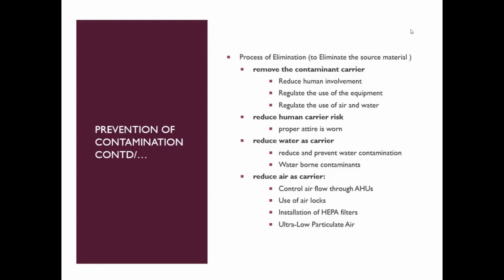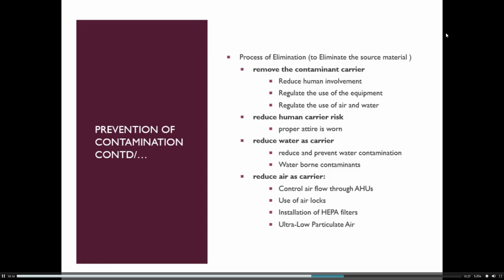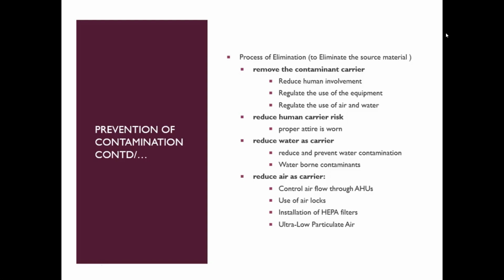Again, some points to think about when you're preventing contamination is obviously to eliminate the source. So remove the contamination carrier. Human involvement there would be important, because the presence of personnel in the area is a contamination carrier in itself. Regulate the use of equipment, because equipment can contribute to contamination, and regulate the use of the air and the water used in the manufacturing system. Reduce human carrier risk, so proper attire to be worn at all times.